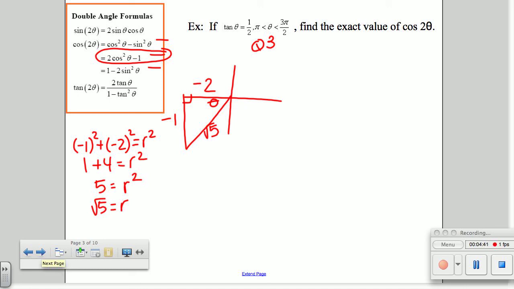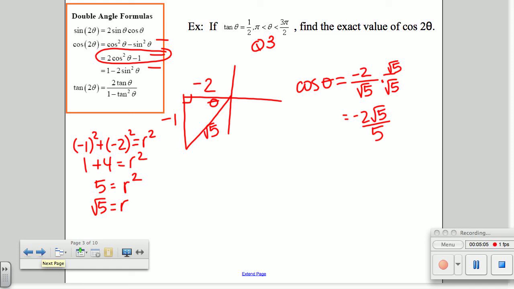Now that I have that information, I can go ahead and find the cosine of theta to be the adjacent side, negative 2, over the hypotenuse, root 5. If I rationalize that and multiply the top and the bottom by root 5 over root 5, I get negative 2 root 5 all over 5.